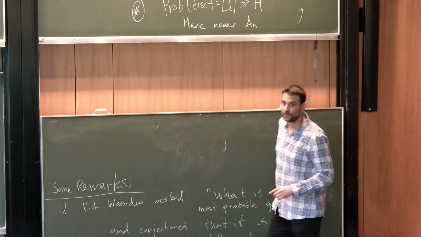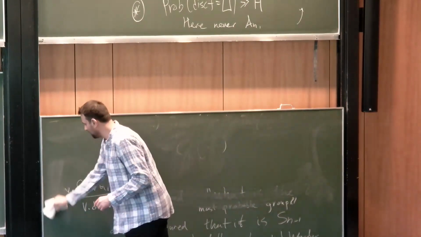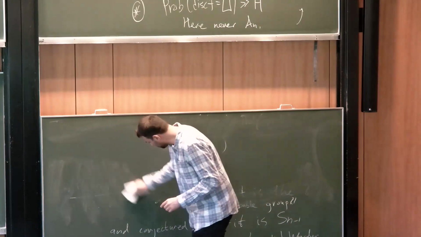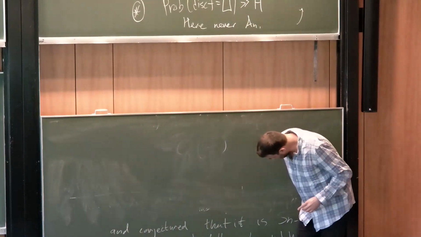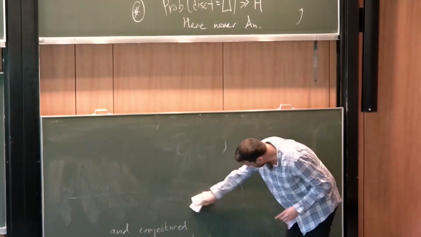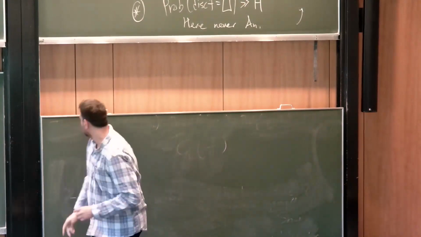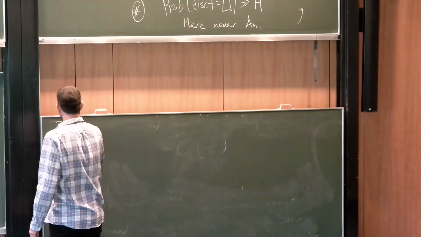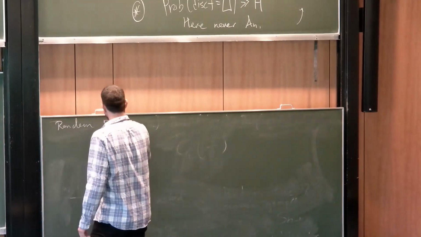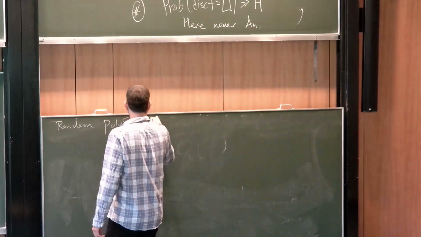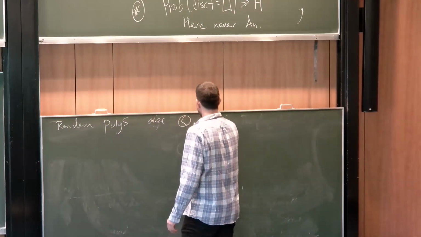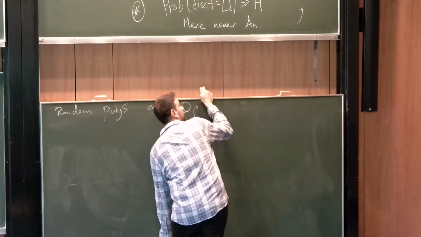Finally, I gave you so many models, so let me talk about one more model. Let me talk about random polynomials over the p-adics. I will also be very brief.